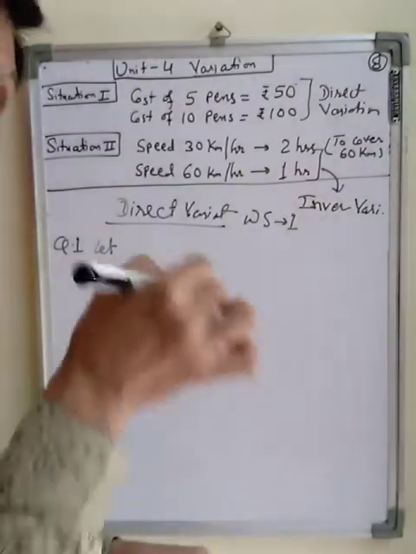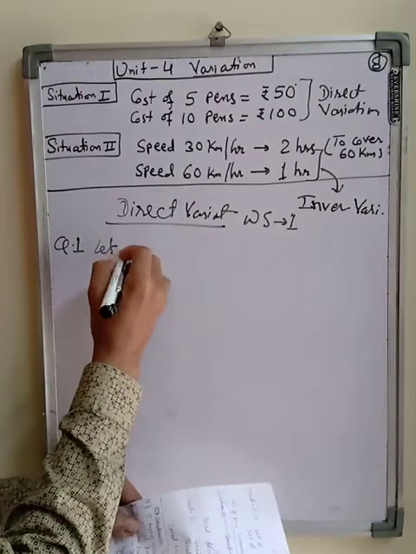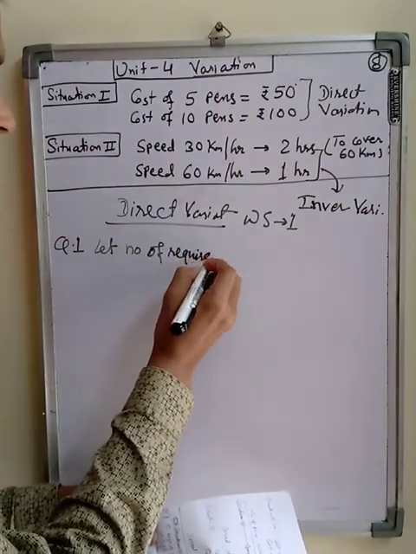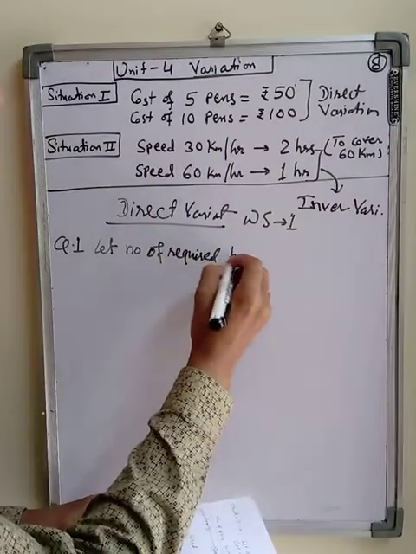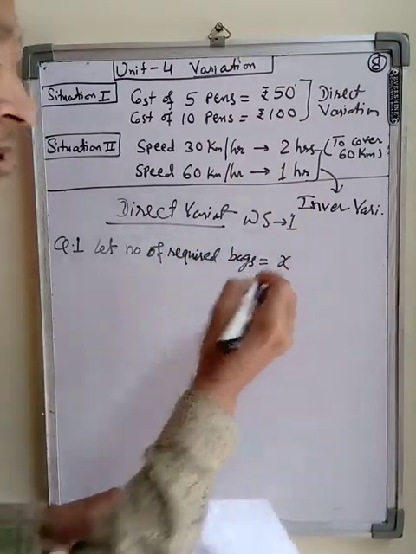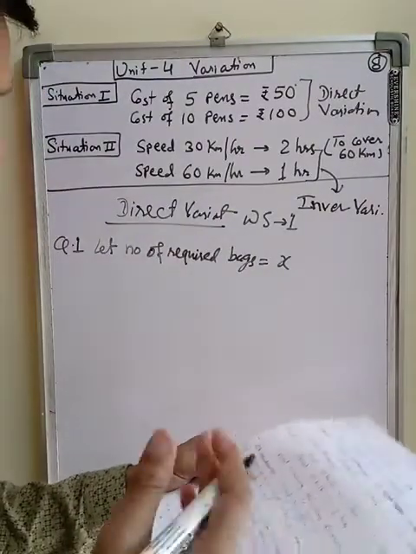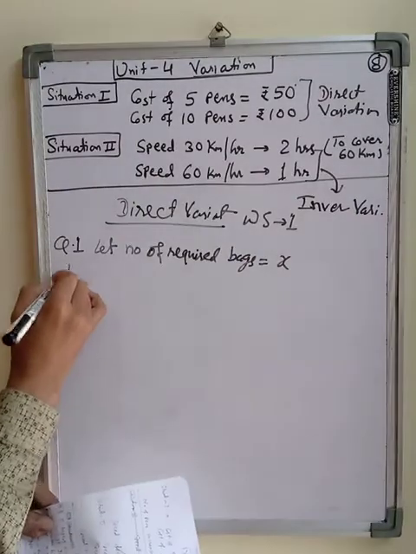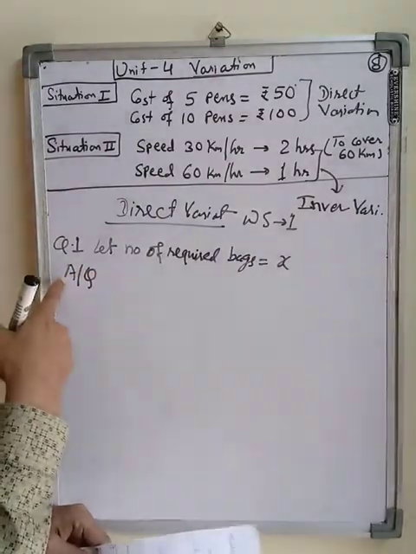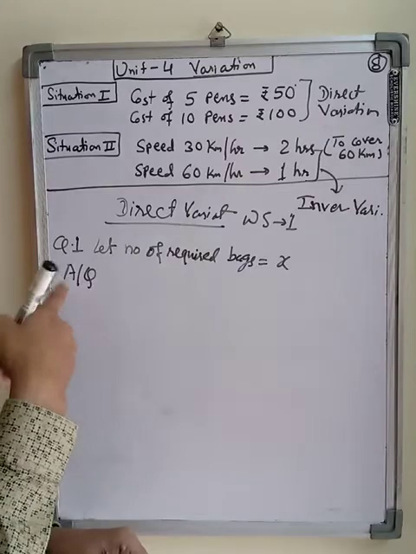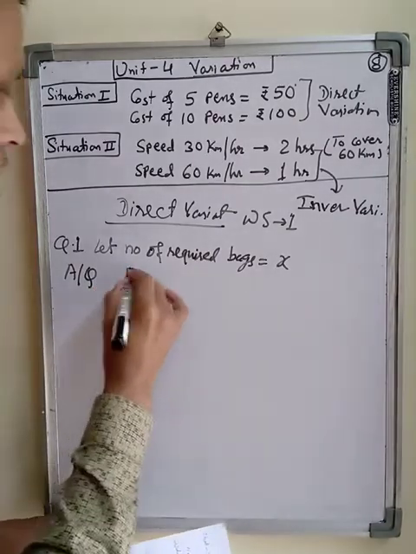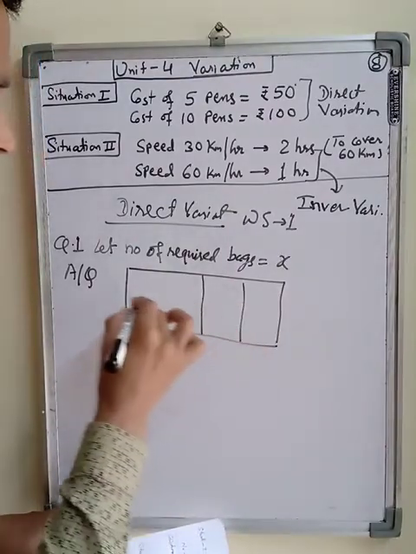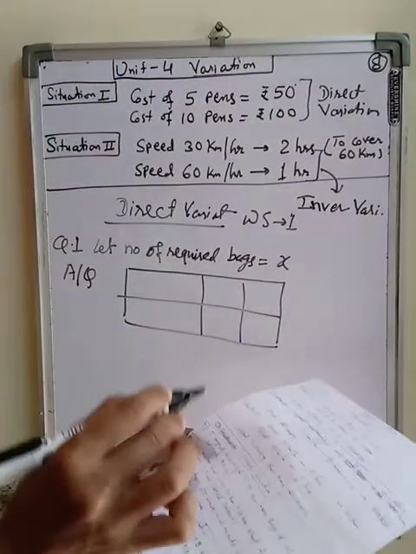So we will start with this sentence: let the number of required bags be x, because the number of bags is asked. After that, as per question, we write A/Q, the shortcut of as per question, and then we draw one box and fill in the given things.